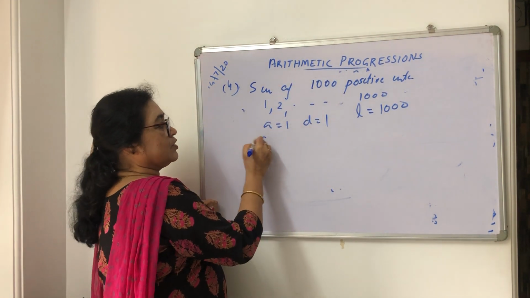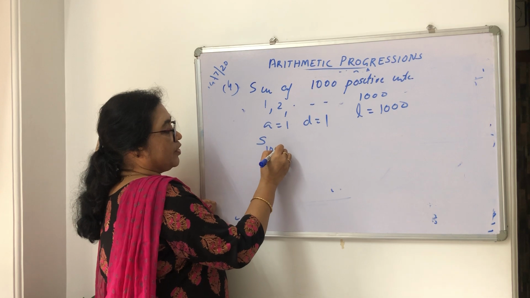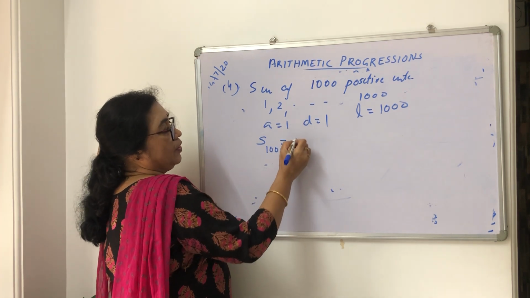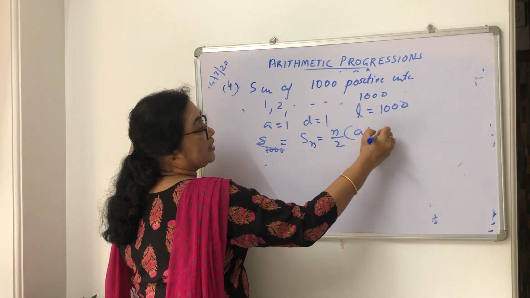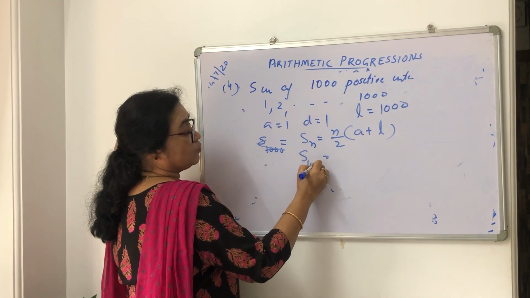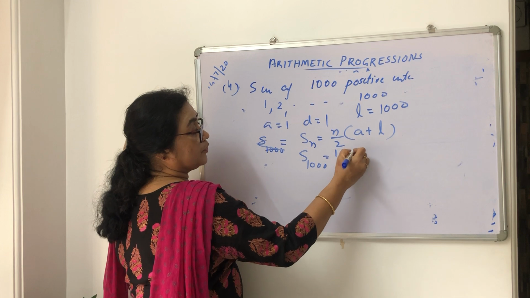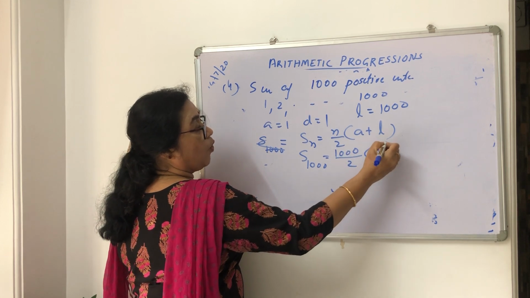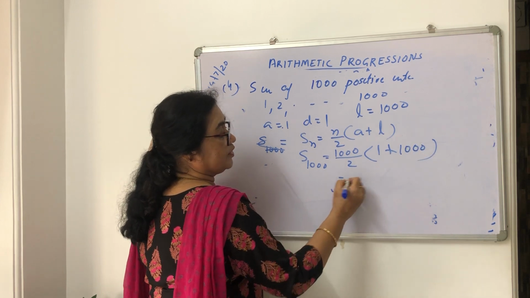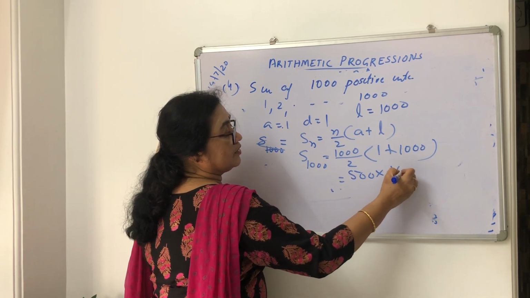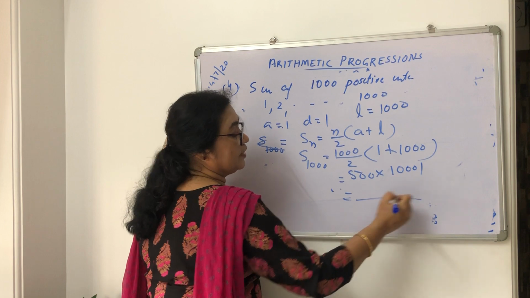So you can use Sn equal to n by 2 into (A plus L). S1000 equal to 1000 by 2 into (1 plus 1000), since A is 1 and L is 1000. So it is 500 into 1001. You can find out the answer.